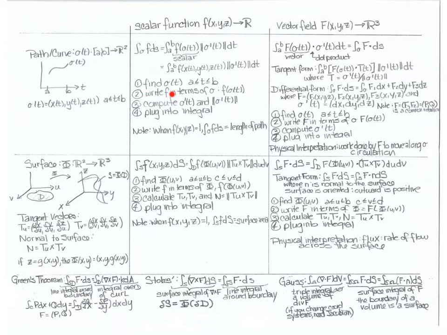Second, you're going to write f in terms of sigma. That is, you're going to compose f with sigma of t. Third, you'll compute the derivative of your path. That will be your velocity. And then you will also compute the magnitude of your velocity. And then once you have all of these components, you're ready to plug into your integral.